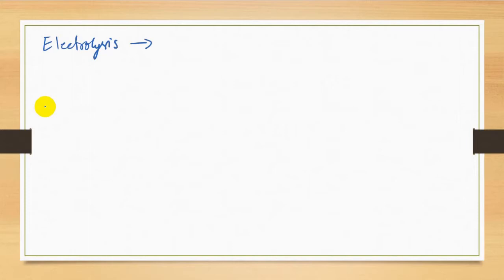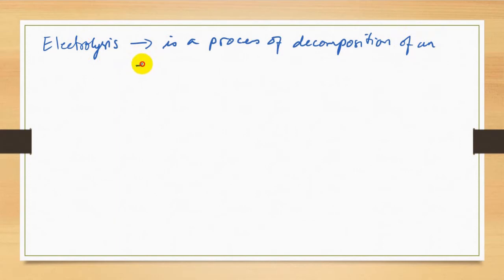So to define it, you can write down: electrolysis is a process of decomposition of an electrolyte.